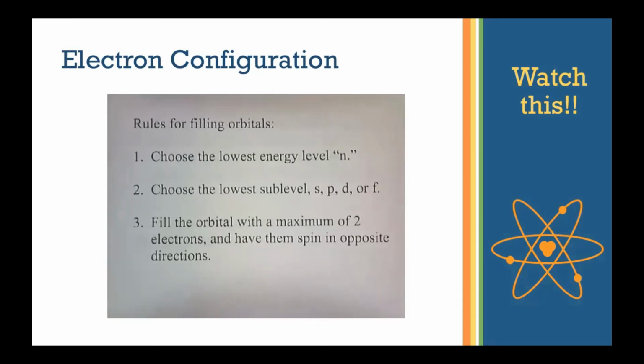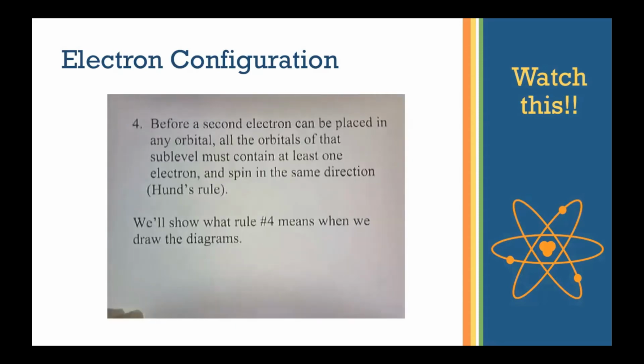I'll show you what that means in a bit. And before a second electron can be placed in any orbital, all the orbitals of that sublevel must contain at least 1 electron and spin in the same direction. That's a lot of words, and we'll show you what rule number 4 means when we actually draw the diagram. Right now, it probably doesn't mean much. It'll have meaning when you see it actually done.